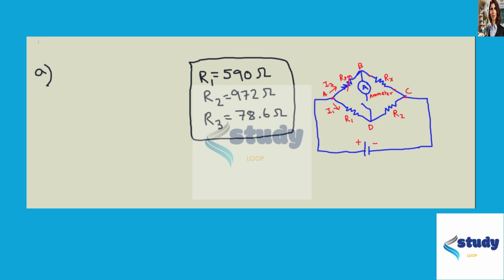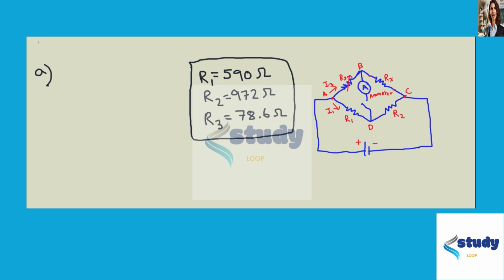So we see that if the current is not flowing through the ammeter when the switch is closed, that means there's no potential difference across B and D, because if there's a little bit of potential difference, then current will flow and the ammeter will detect.